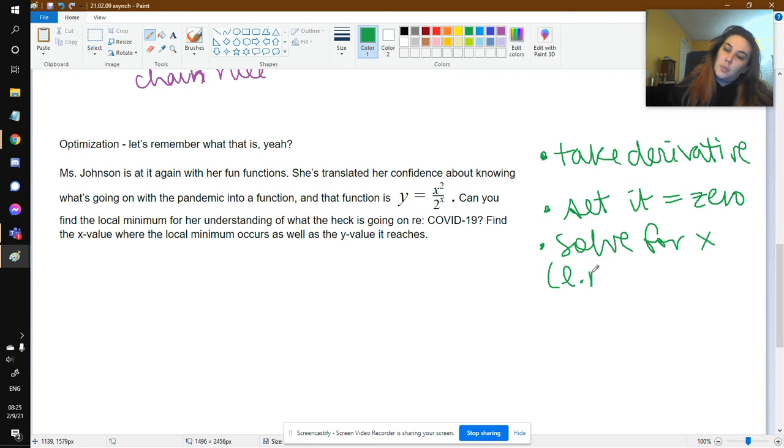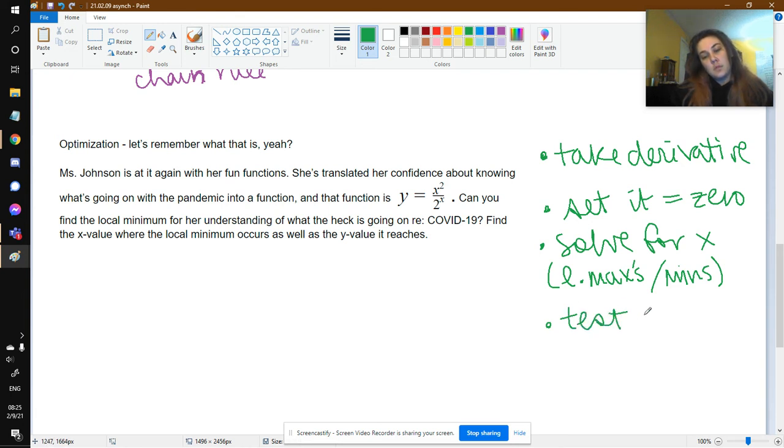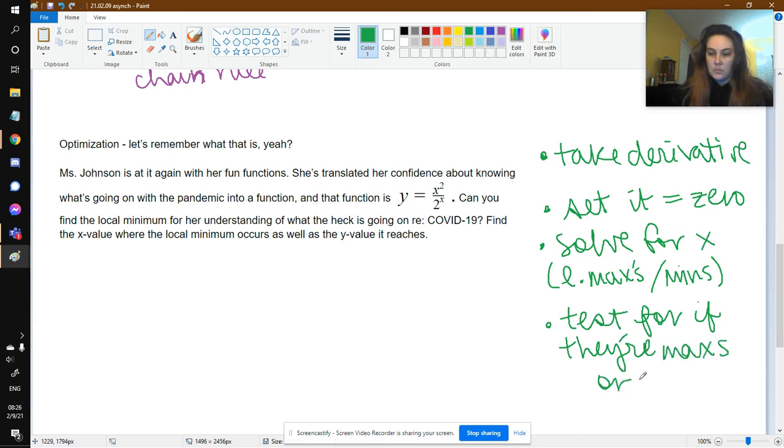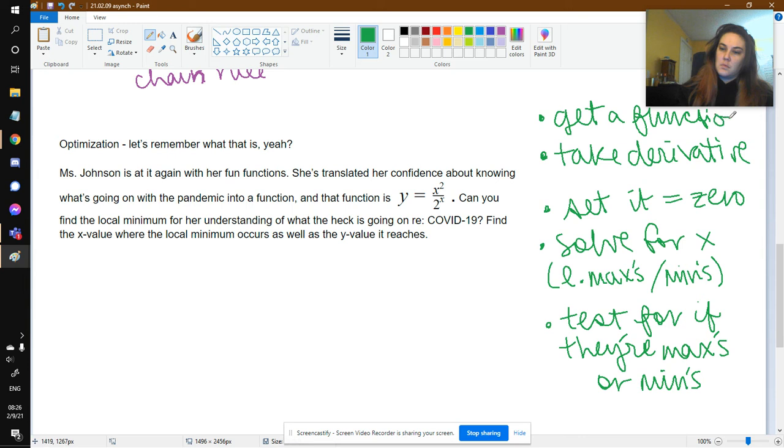That's all your local maxes and mins. And then we test for if they're maxes or mins. Nice. And we've already got the function. The secret first step is get a function. But we've already got one here, so we're good.